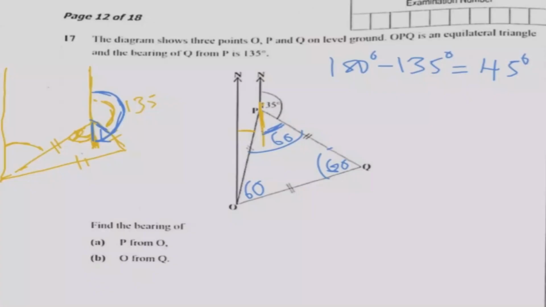So we found the angle I've marked here. Let me mark it with the brown color. The arc here is the one we found to be 45. So we just subtract 45 from 60. 60 degrees minus 45 degrees is equal to 15 degrees.